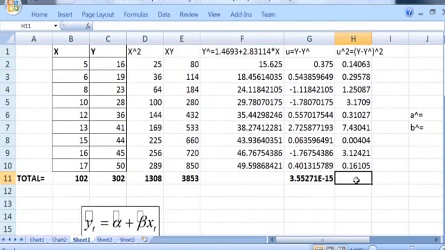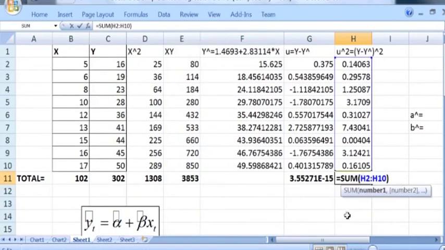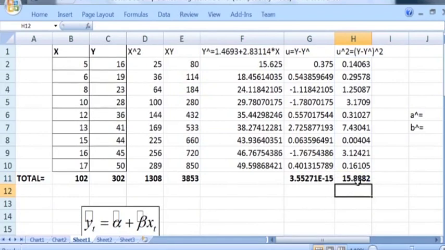So now we need to take the sum of these squared residuals. Just copy this sum command rightward. You can see the sum of H2 to H10, so this is 15.882. So this is the sum of squared residuals, or residual sum of squares, RSS.